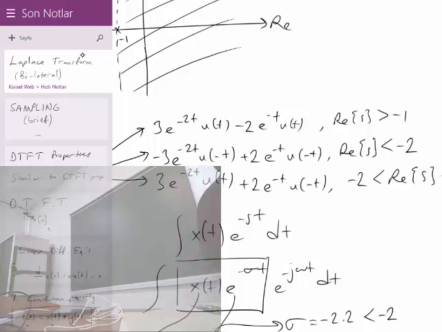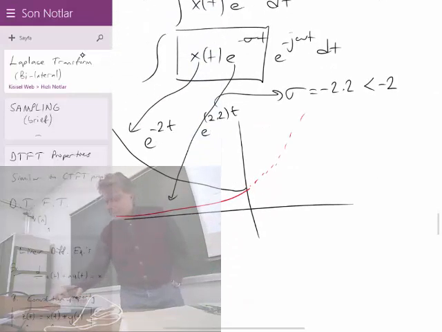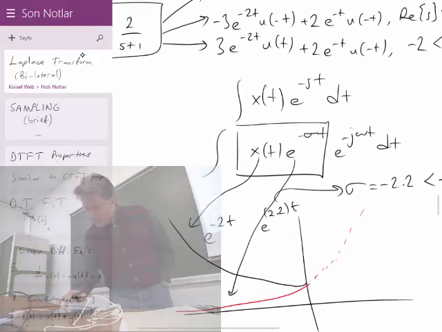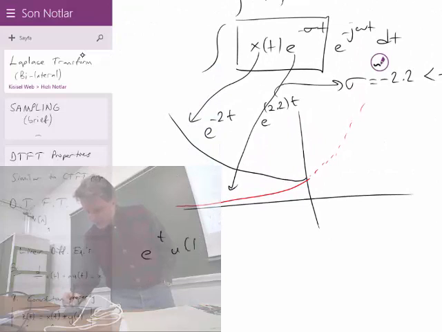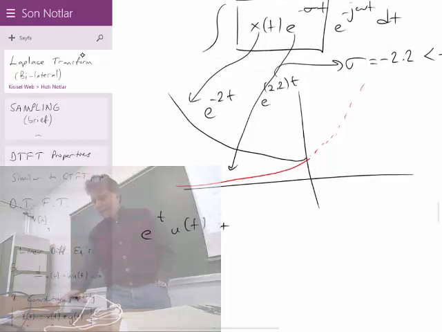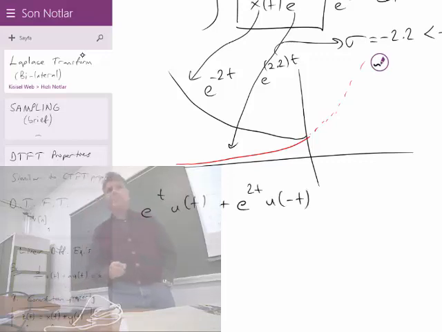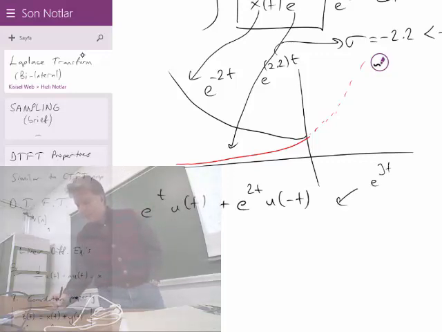E to the t u of t and e to the 2t u of minus t. Let me open a parenthesis here: e to the t u of t plus or minus, the coefficients, plus signs and minus signs, are not important, e to the 2t u of minus t. So this happens by multiplying with e to the 3t.